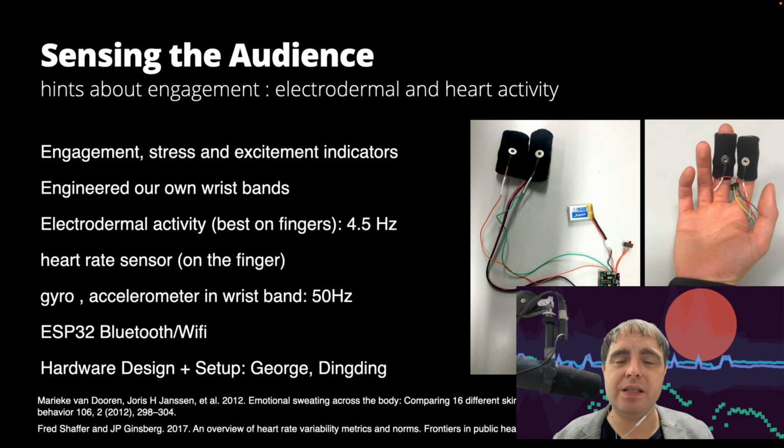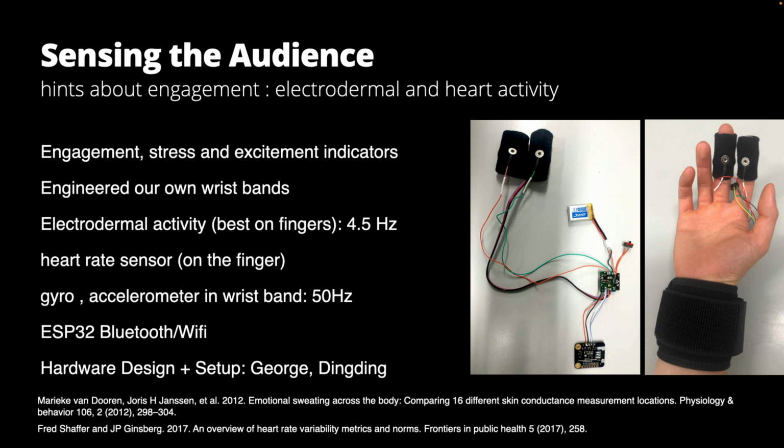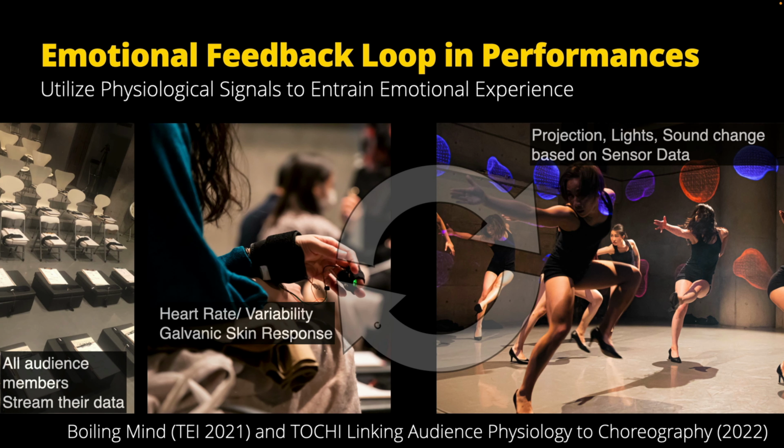The heart rate samples at 200 hertz, so that means 200 measurements a second. And the electrodermal activity, this sweat sensor, samples at 4.5 hertz, so 4.5 measurements per second. And everything is streamed from the audiences to the dancers.